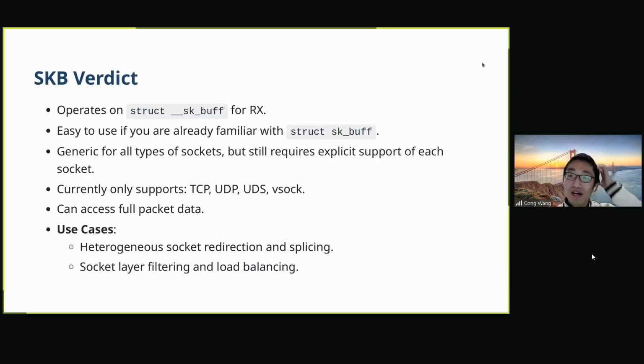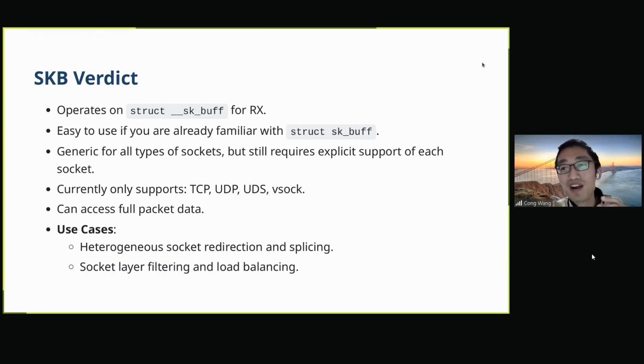The next one here is the SKB verdict. This one is also very useful because, like I already briefly mentioned, it is very generic. It does not only apply to the TCP socket, but literally to all types of sockets.